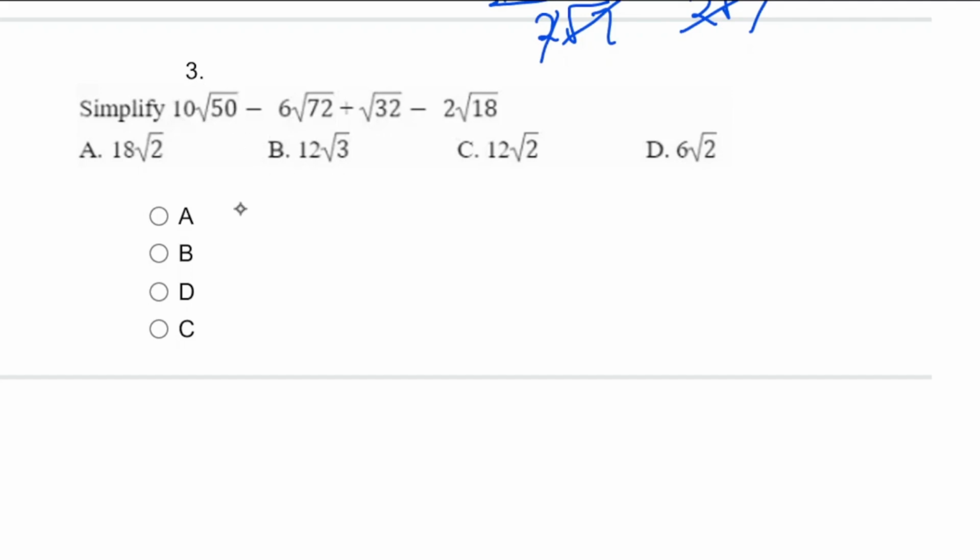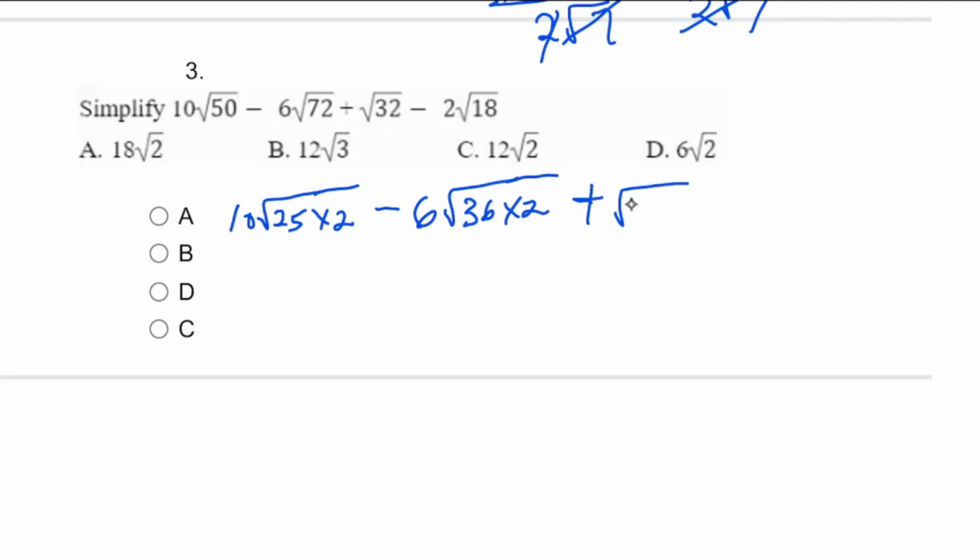So that 50, we look for a perfect square that will multiply with another number to give us 50. 25 is a perfect square, that's 25 times 2. Minus 6, 72 is 36 times 2. Plus root 32, that is 16 times 2.